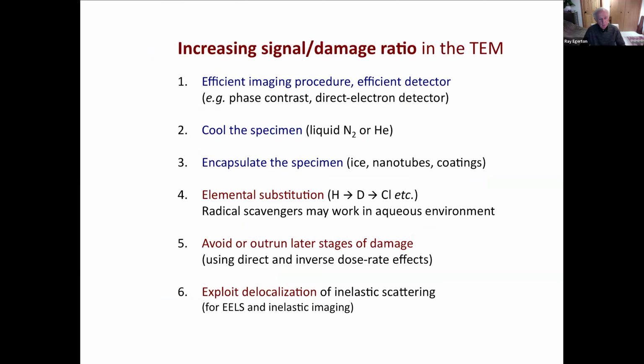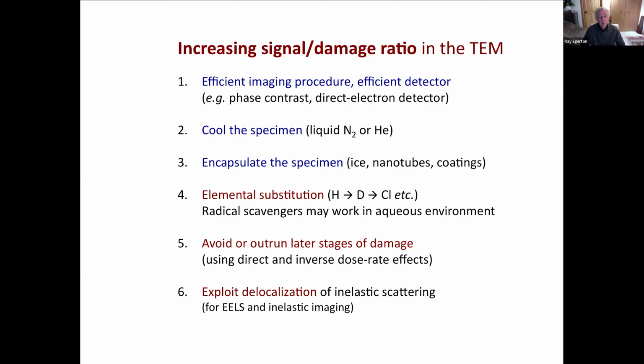For most, radiation damage can be quite an interesting topic to study, but for most electron microscopists, it's something they just want to avoid or to minimize. And so I've listed here 6 steps that can be taken to reduce radiation damage. I'll talk about all of them, but the first 3 are the most important.